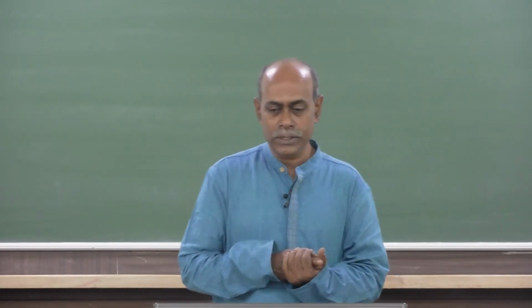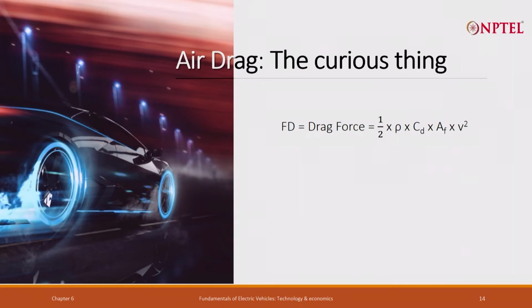The drag force is half rho CD AF V squared. All the terms other than V squared are a constant. Rho is the density of air, CD is the drag coefficient which comes from the shape of the vehicle, and AF is the frontal area of the vehicle.